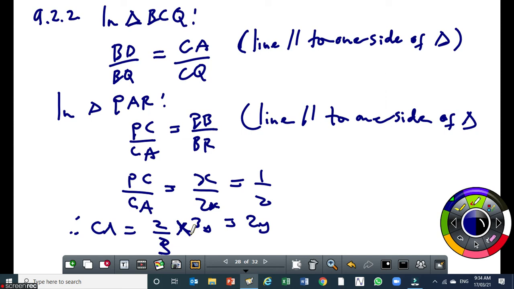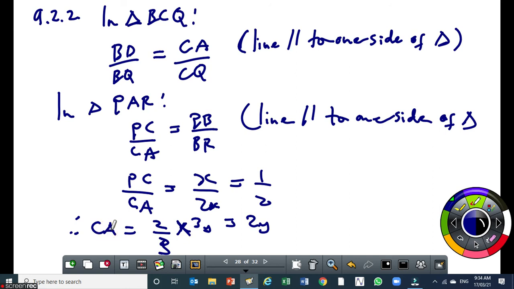The 2 corresponds to the CA, the 1 corresponds to the PC. 1 plus 2 gives me 3. But this 2 is part of that 3, so it will be 2 over 3 times the total length of PA, which is 3y, and you end up getting CA as 2y. Once I'm done with this, I'm almost there.